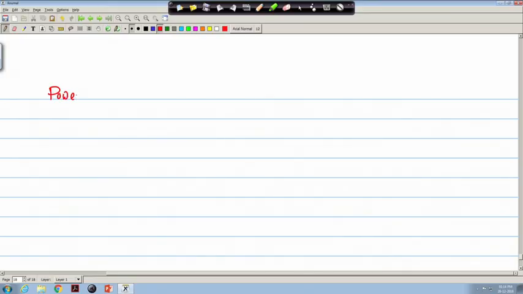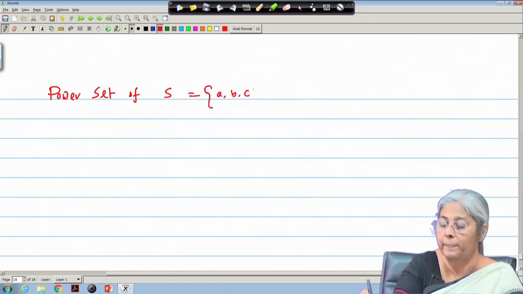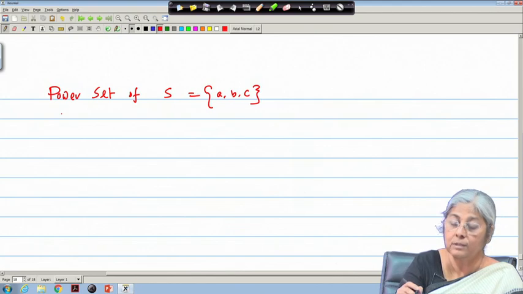Earlier we have considered some examples of the power set of S equal to ABC.